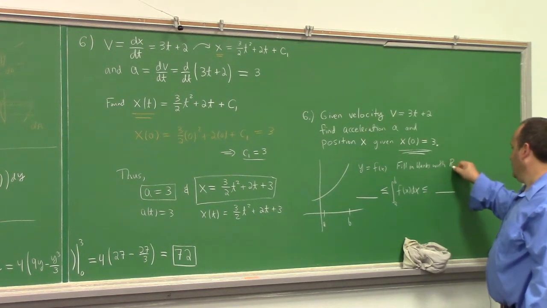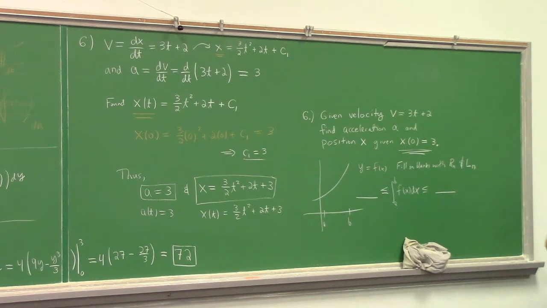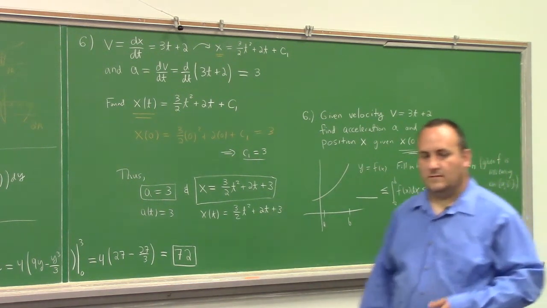With the right endpoint rule and the left endpoint rule, given that it's increasing, right? So can you guys tell me which would go in which blank?